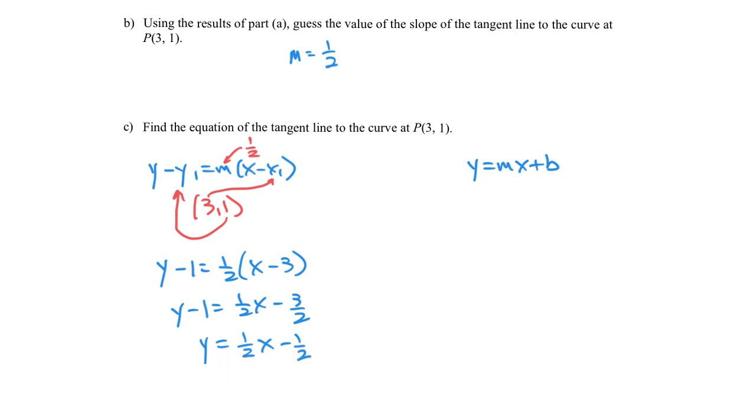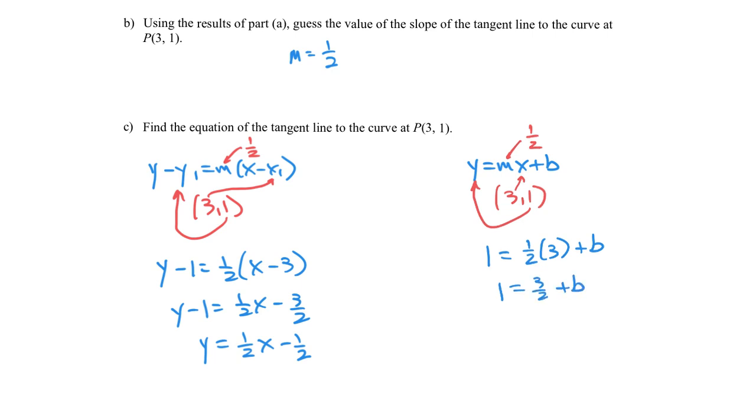Over here with this technique, we're going to find b. So I plug in the slope, which is 1/2, and then I take the point (3, 1), plug this in for x, that in for y. And when we do that, we get 1 equals 1/2 times 3 plus b. So 1 equals 3/2 plus b.